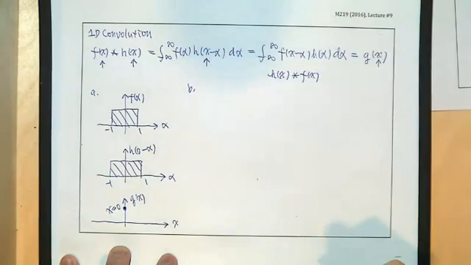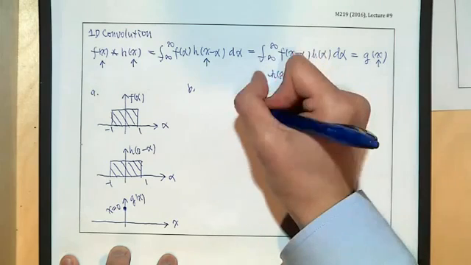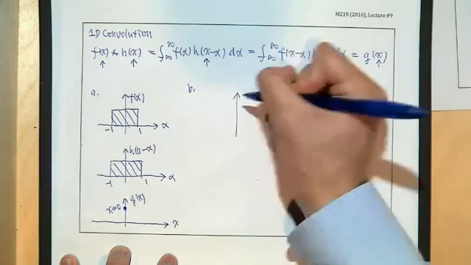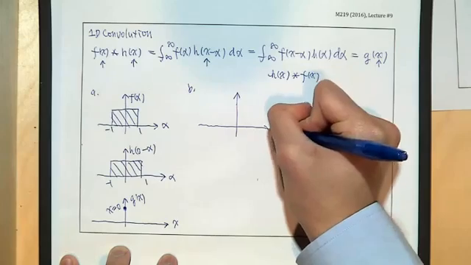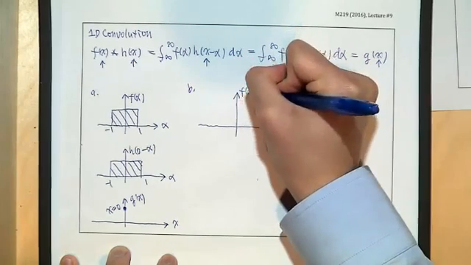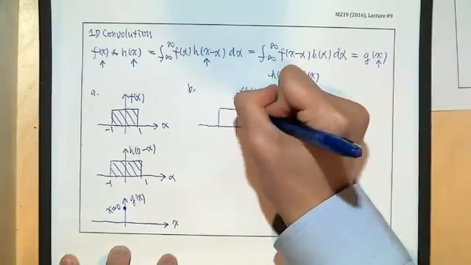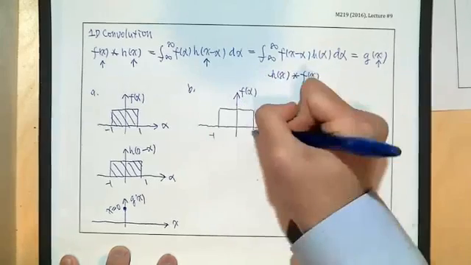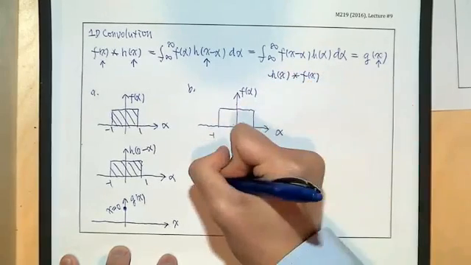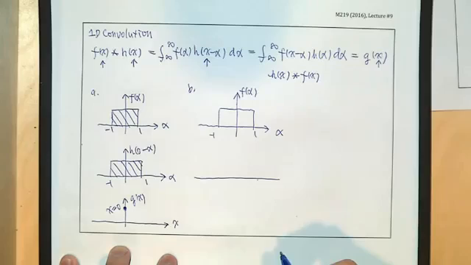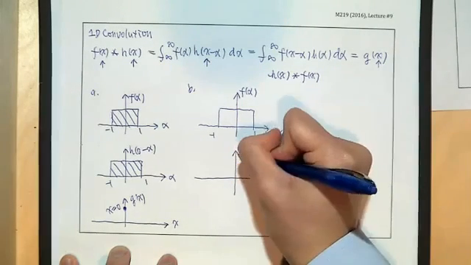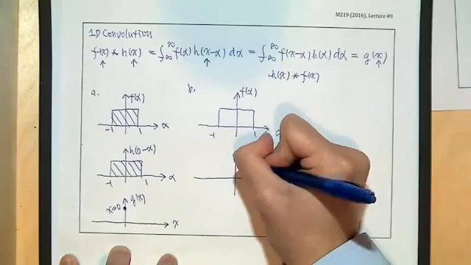Now, as we keep calculating convolution, we keep shifting h to a different x minus alpha. So on top, we're keeping f in the same position. But now, let's say we want to compute g of x equal to 1. That means we're going to shift h.